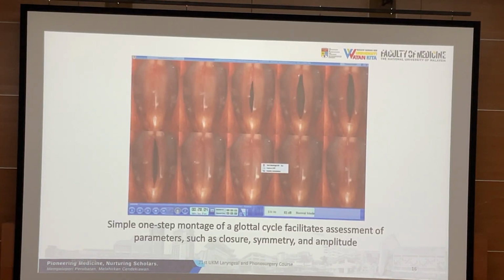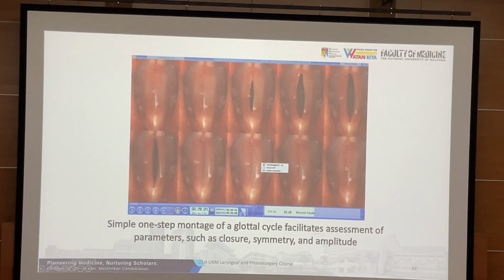Then you get this frame. Of the many frames of the glottal cycle, the machine chooses 10 frames. You can see 1, 2, 3, 4, 5, 6, 7, 8, 9, 10. And this comprises one glottal cycle. So closed phase, opening, open, open, open, close, close, close, close.